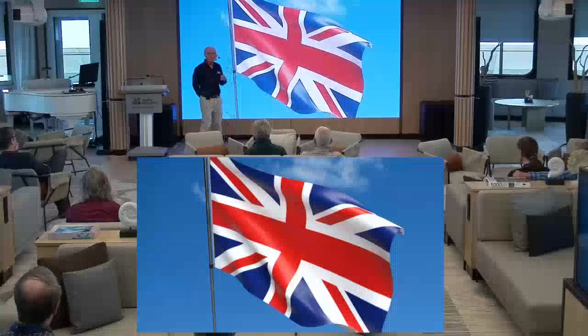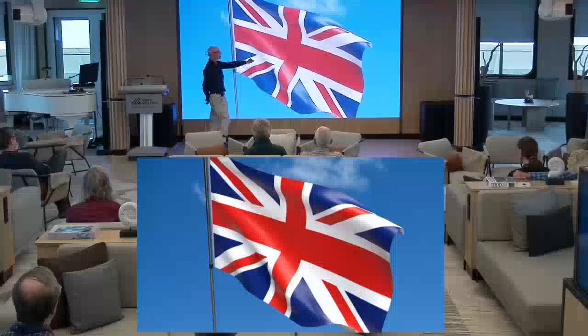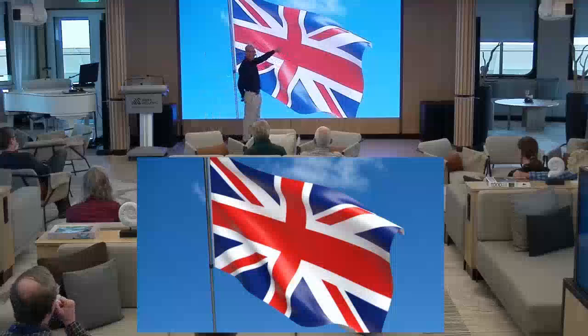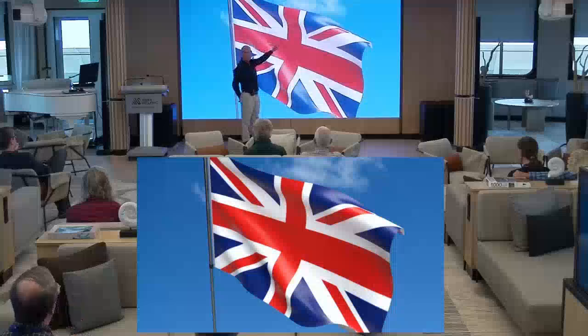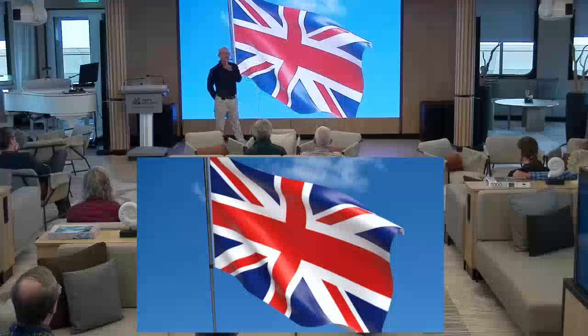Anyway, so the blue represents Scotland, and the St. George's Cross represents England, but there are 4 nations in the United Kingdom: England, Scotland, Northern Ireland, and... so where's Wales?